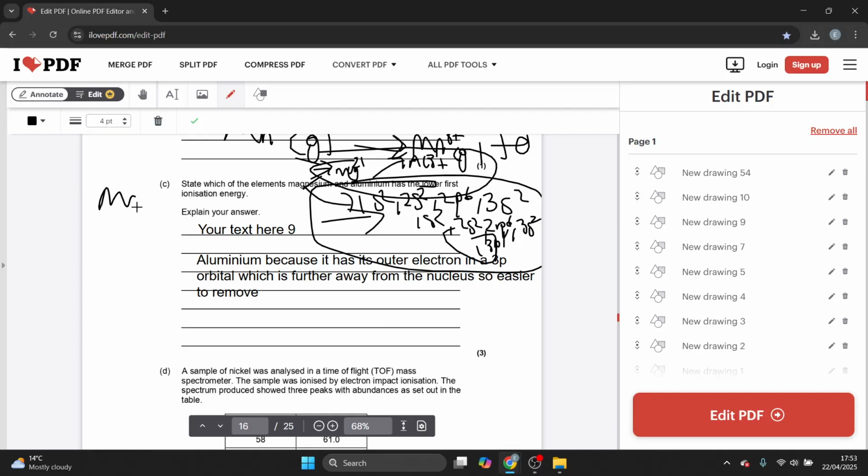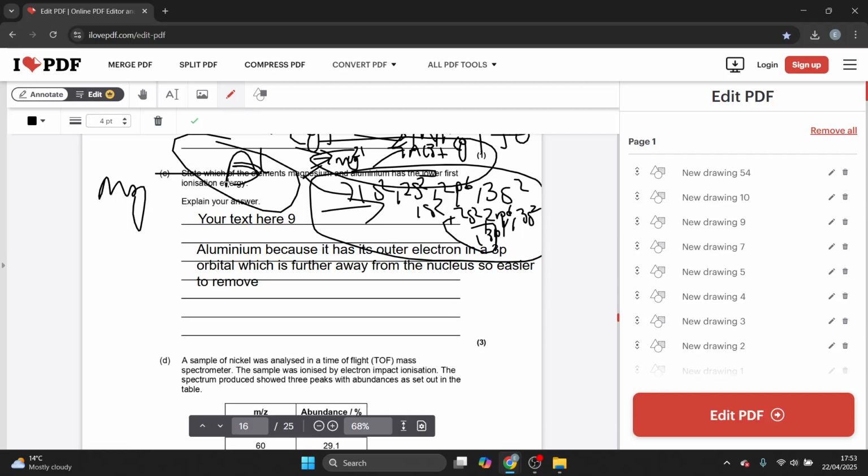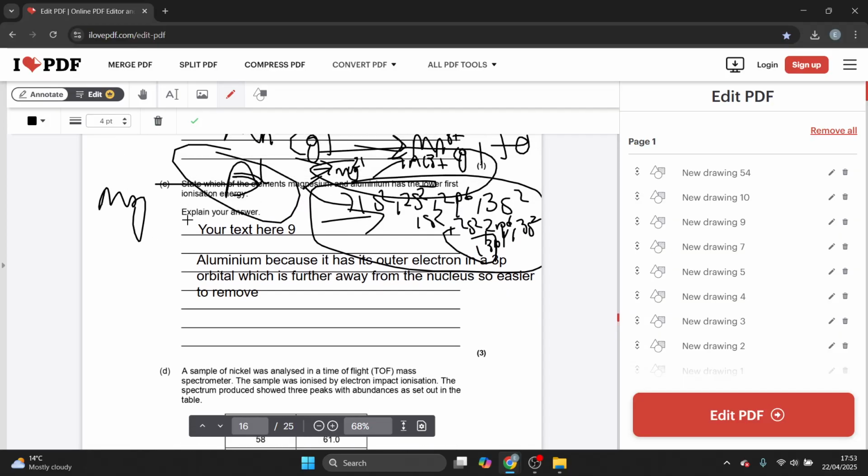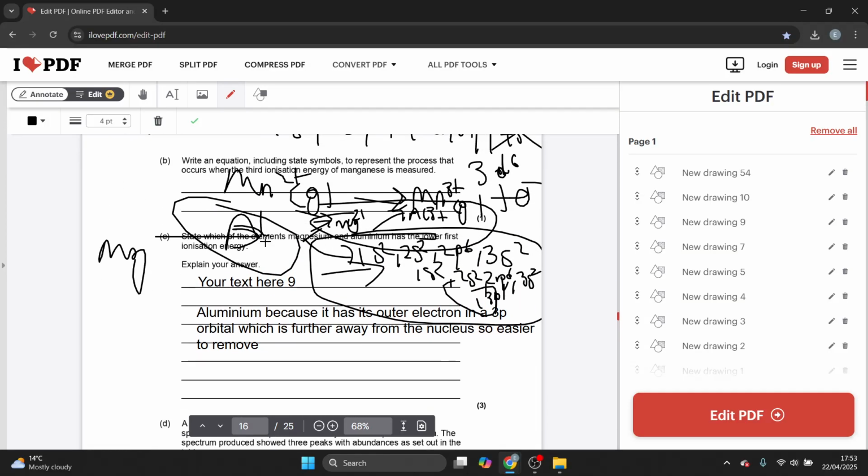I've got Mg here and aluminium here, so therefore Mg is going to have a higher first ionization energy, so therefore Al, no. Especially when it's 3 marks, it's not going to be that. You need to draw out the structures to double check if that is correct or why it's not correct.